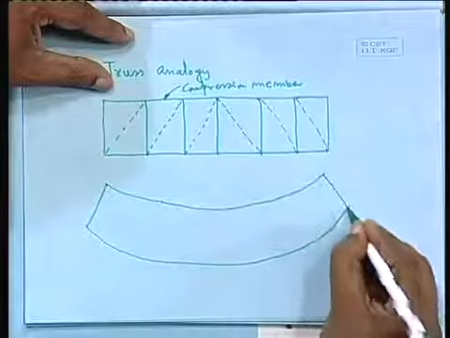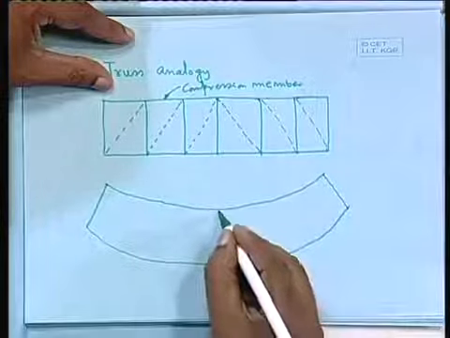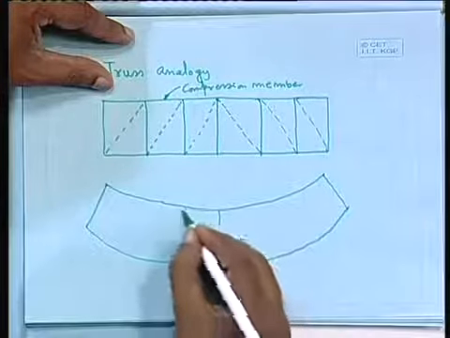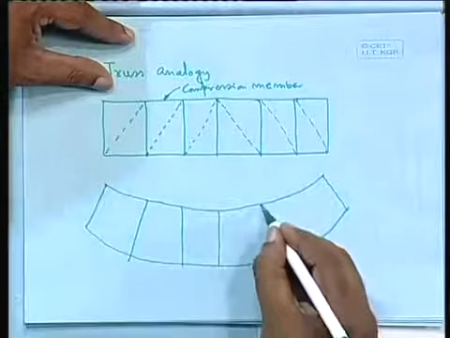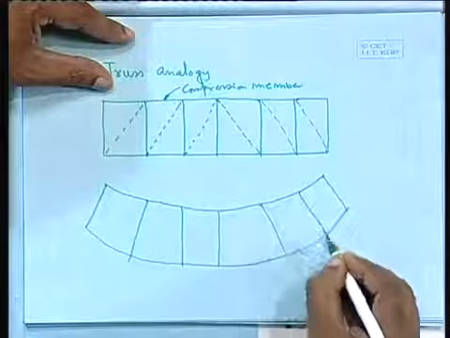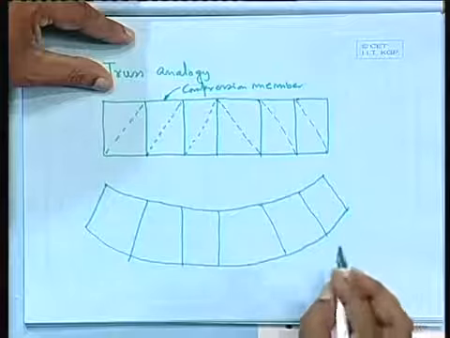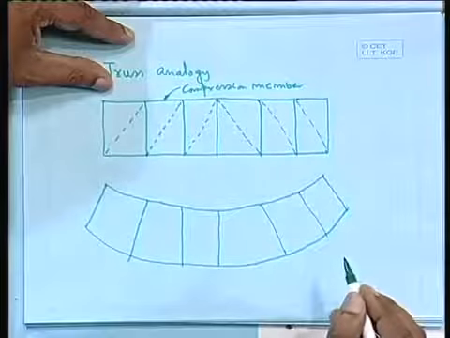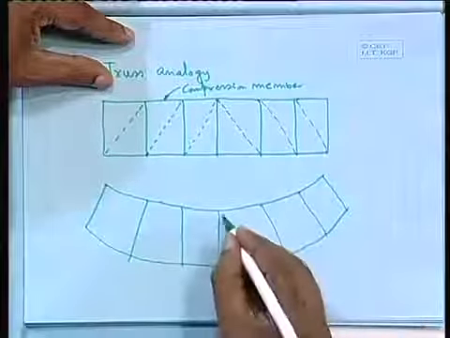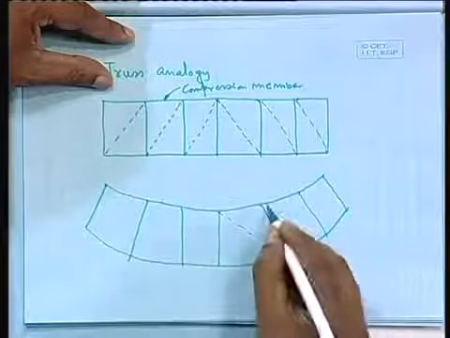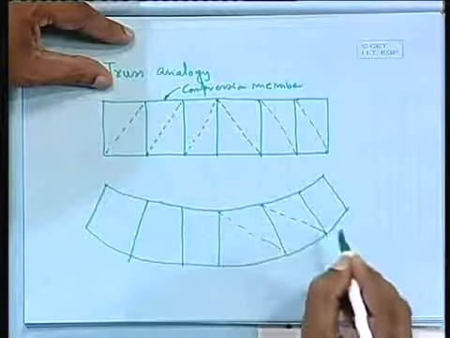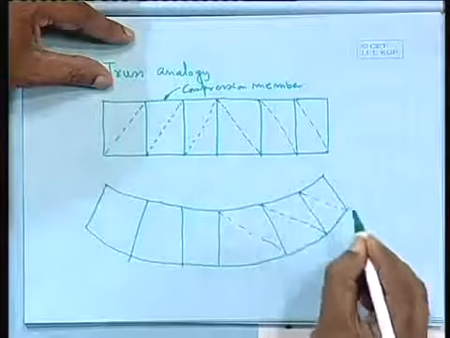So, if it bends like this, then what we will get? The members which will be extended, those are tensile members, and the members which will be shortened, those are compression members.